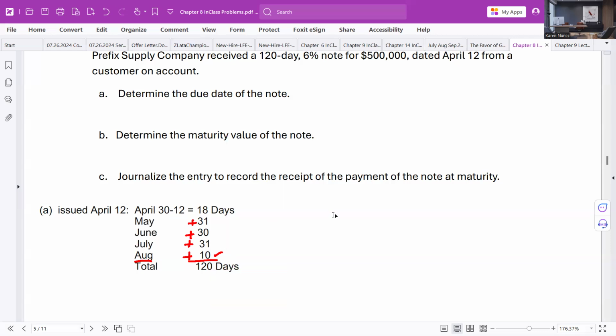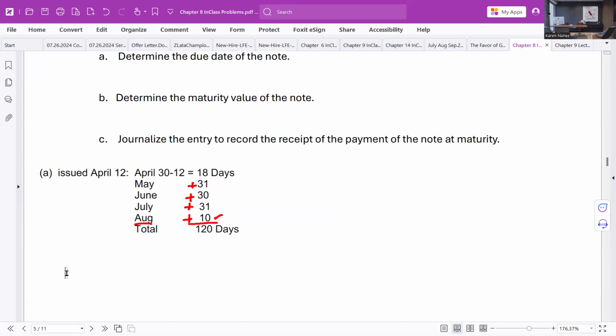And the maturity value, which is going to be part B. The maturity value equals the face amount plus interest.